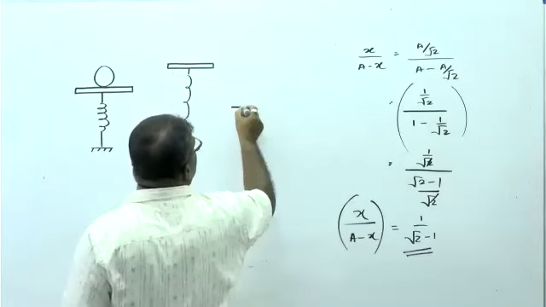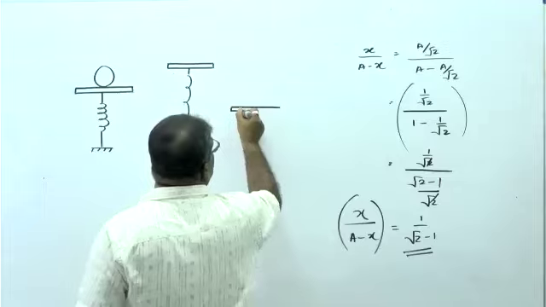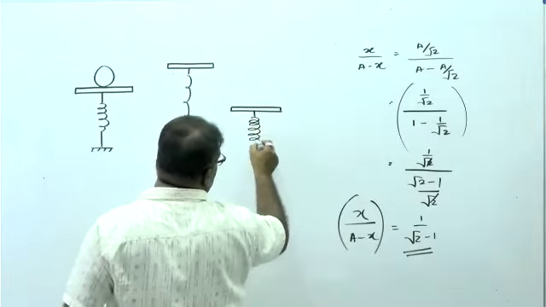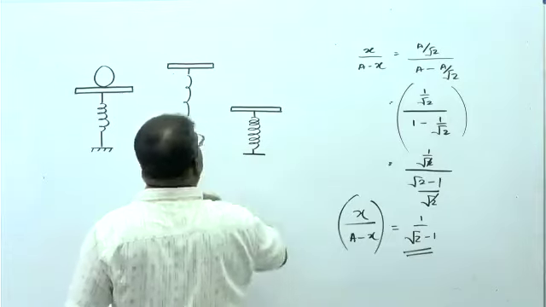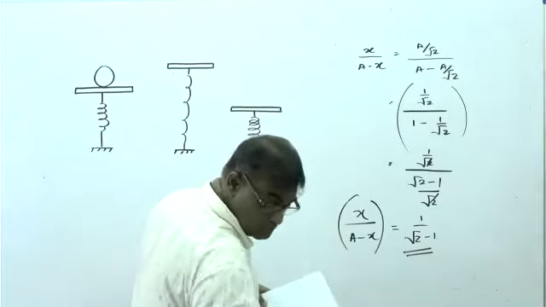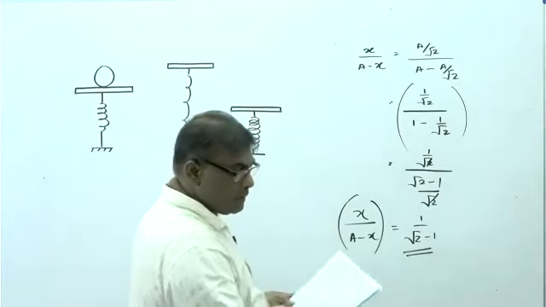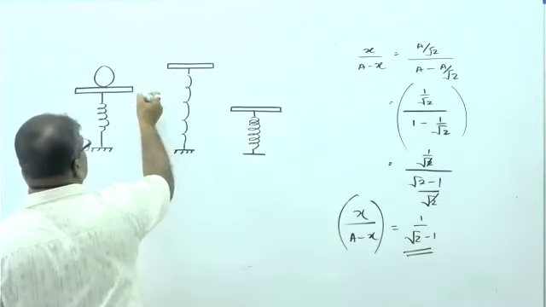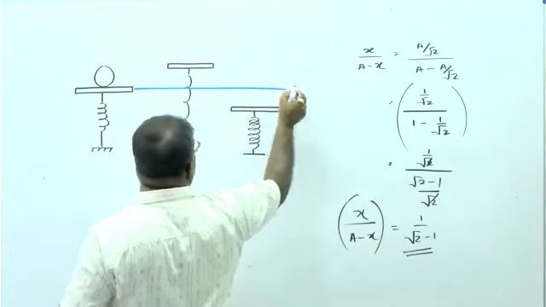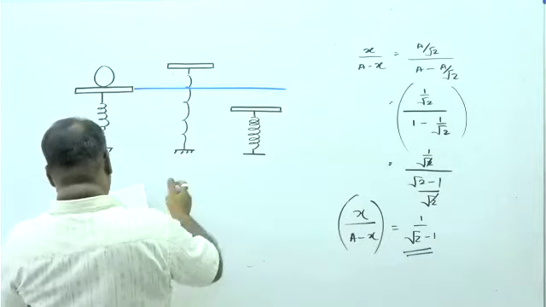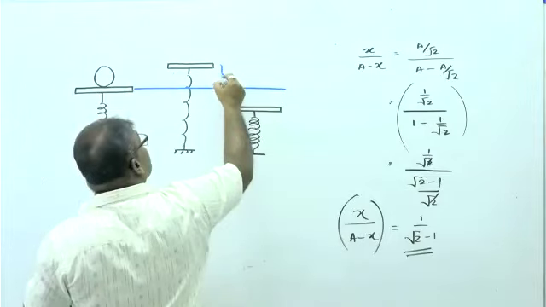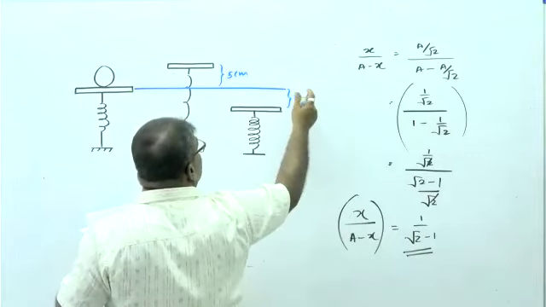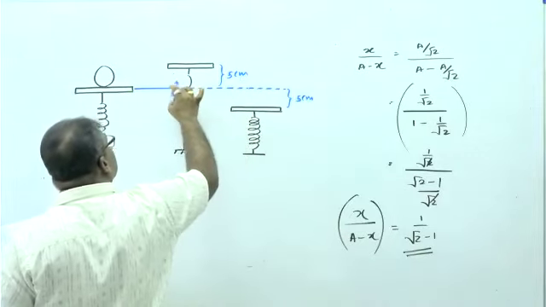If this is the center of oscillation, we can note here the amplitude is 5 centimeter, and the lower amplitude is 5 centimeter, right?